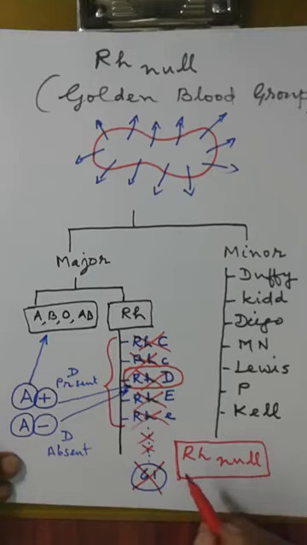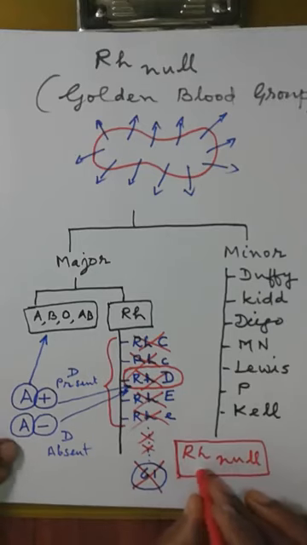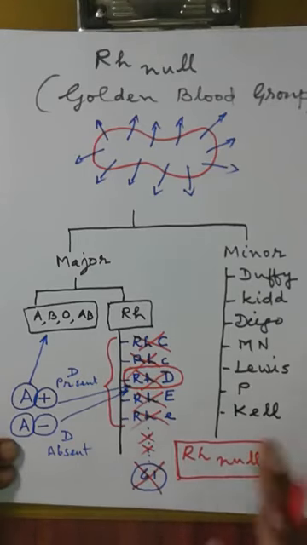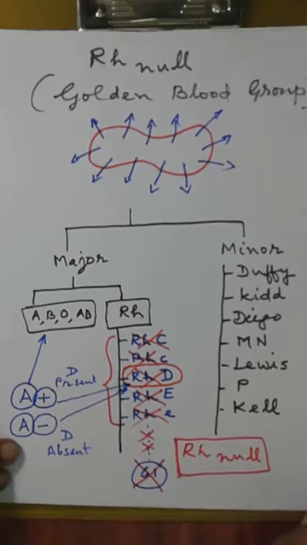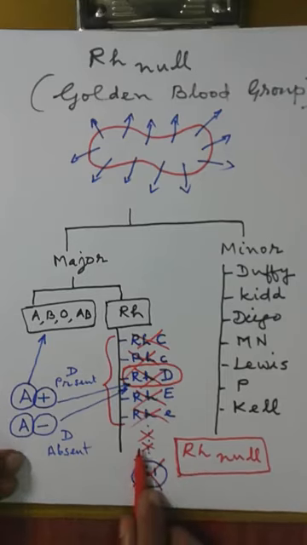And the peculiarity of this RH null blood is that it can be given to a person of any other blood category. Persons having any other type of blood can be transfused with it.